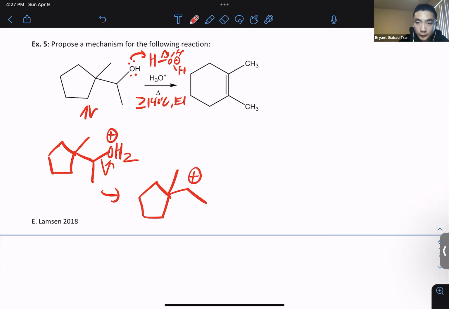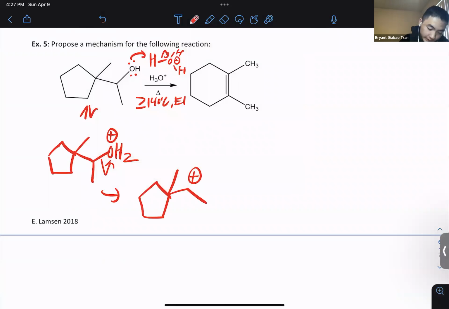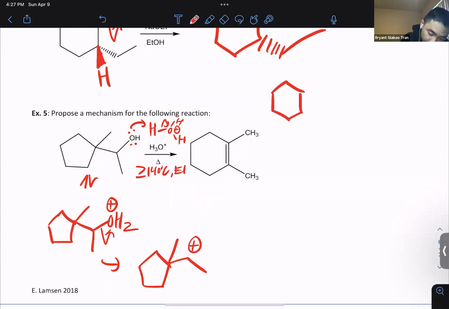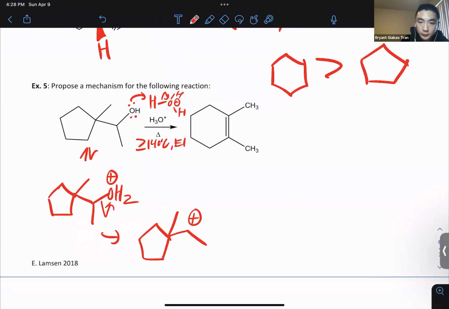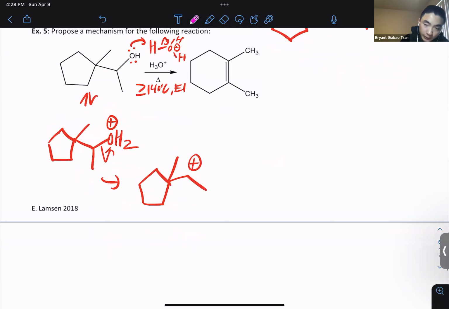Now, since we formed our carbocation intermediate, we could do a weird step here where we form our cyclohexane ring, because we know that cyclohexanes are relatively more stable than cyclopentanes. So what we're going to do is label our carbons to make this process easier.